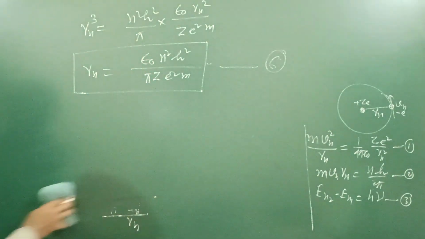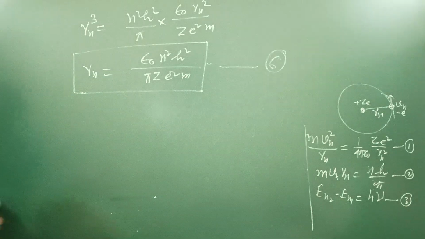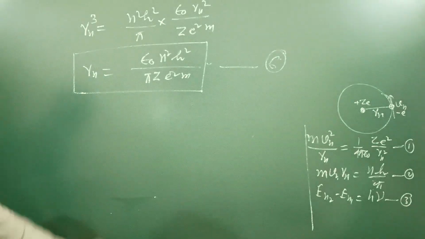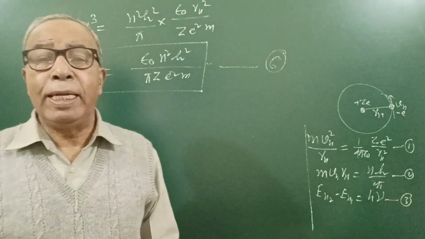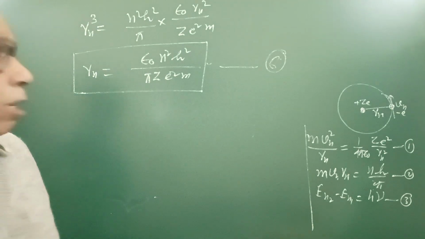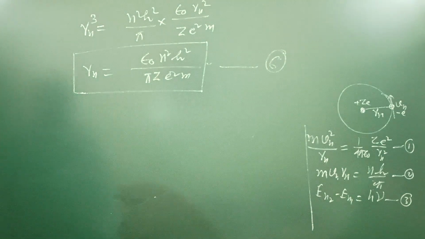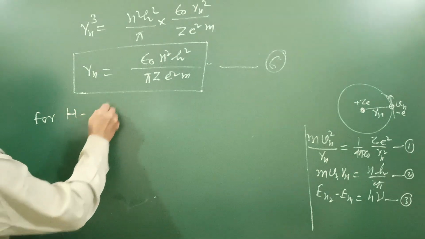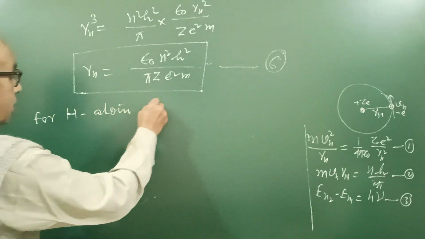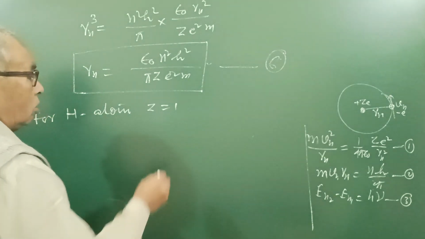For hydrogen, I told you the hydrogen atom is the lightest and simplest one, so Bohr first applied this theory to explain the spectrum of hydrogen. For the H atom, Z equals 1.